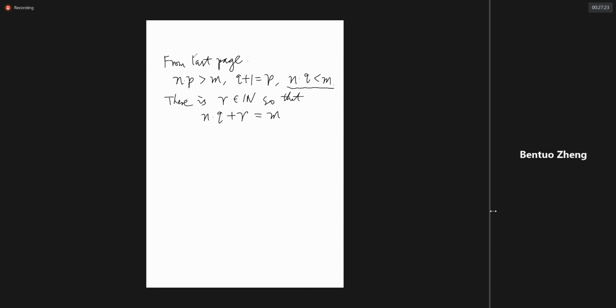That is, every natural number which is larger than another is an eventual successor of the smaller one. So you always find a natural number R so that the smaller one, N times Q plus R, is equal to M, the larger one.